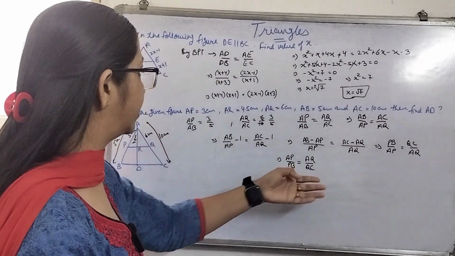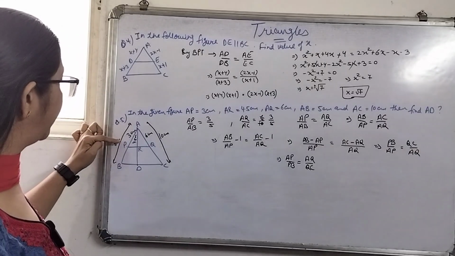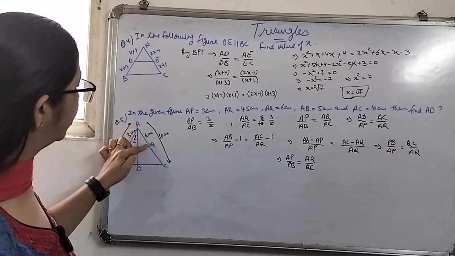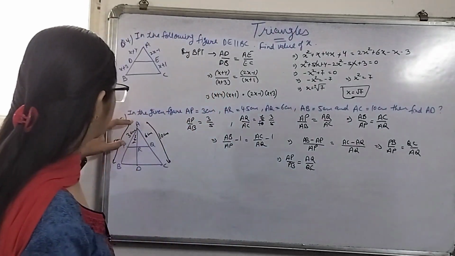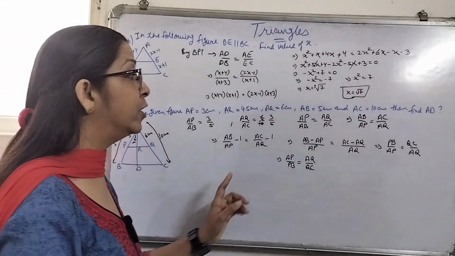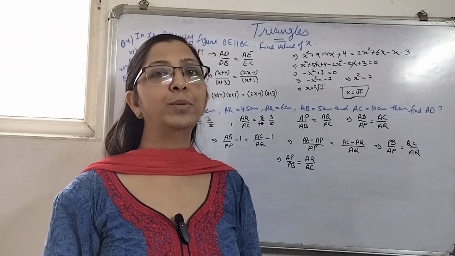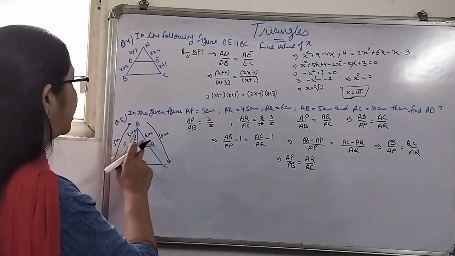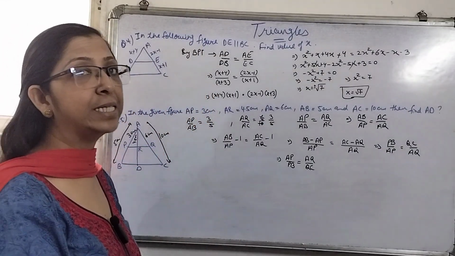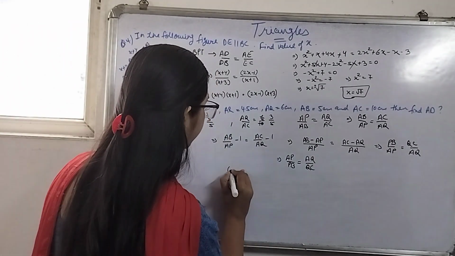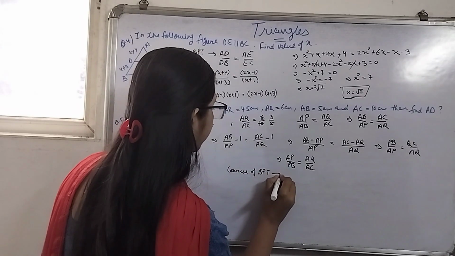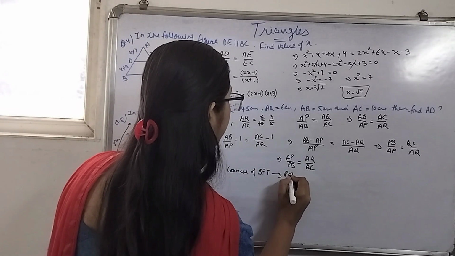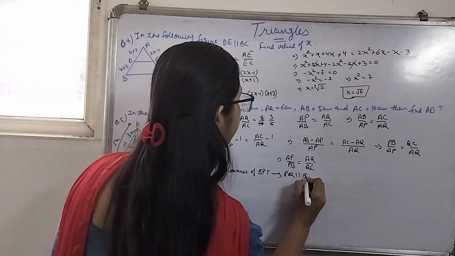Now see from here, AP over PB is equivalent to AQ over QC. If this is the condition, that means the ratio of these sides are equal. We know that by converse of BPT, the side PQ will be parallel to BC. By converse of BPT, we can conclude that PQ will be parallel to BC.